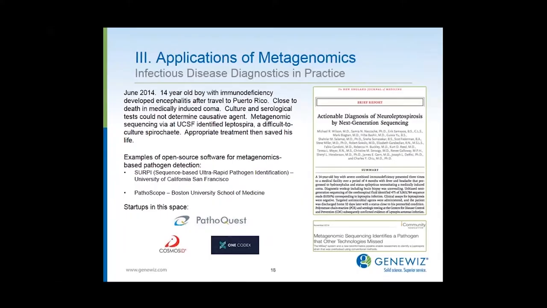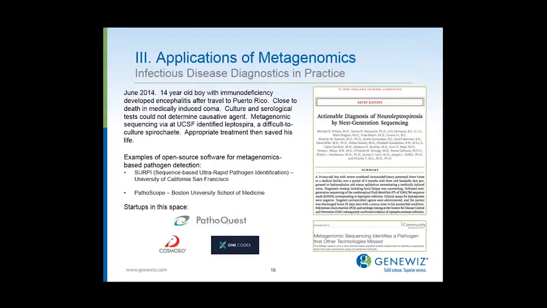So encephalitis is actually caused by over 100 types of pathogens, and neither culture nor other serological tests could determine the causative agent causing the encephalitis.